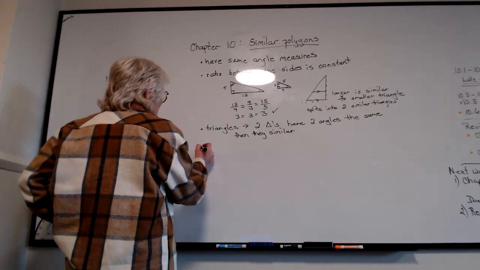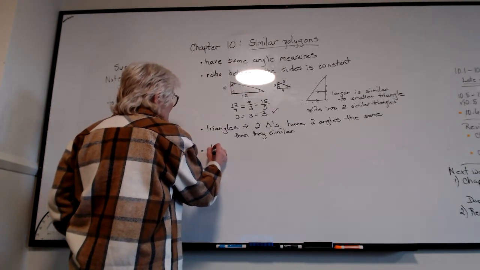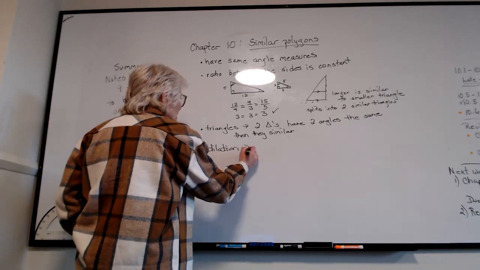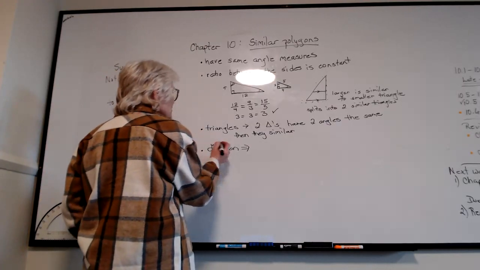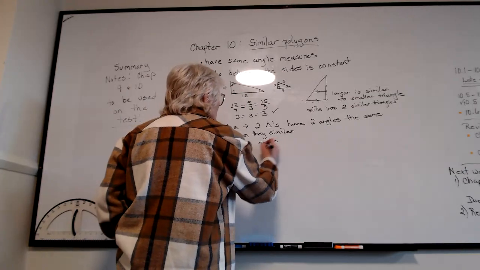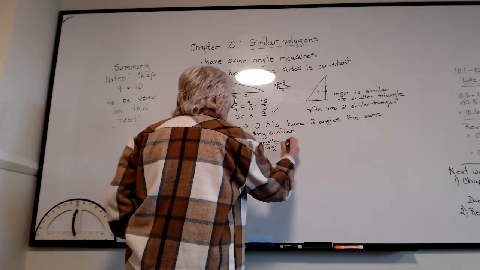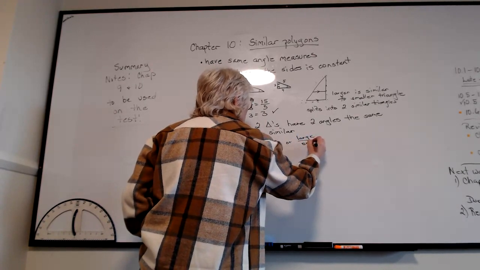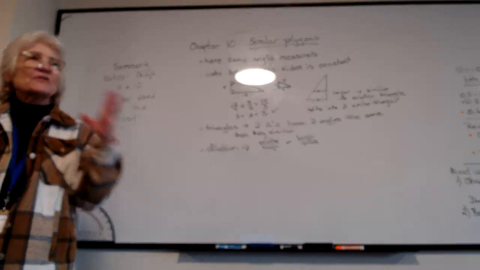Then the next thing was dilation. Dilation is basically you can do it small to large or large to small. That's how much bigger it is.